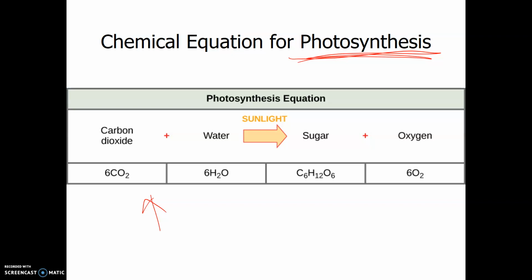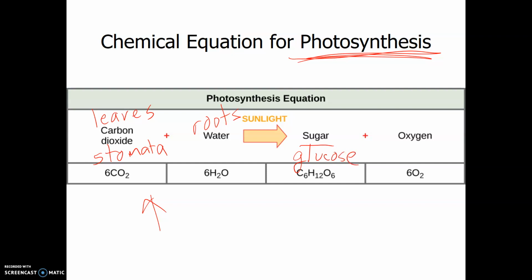So we know that plants take in water through their roots, and they take in carbon dioxide from the air, and the carbon dioxide enters their leaves through stomata, little pores on the underside of the leaf. So carbon dioxide and water are converted in the leaves of plants into simple sugars like glucose, plus oxygen gas.